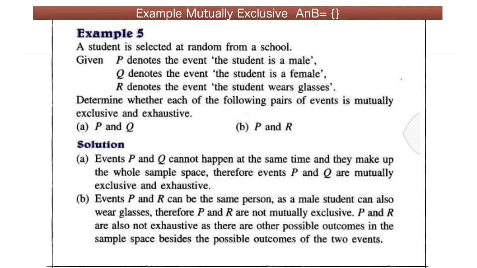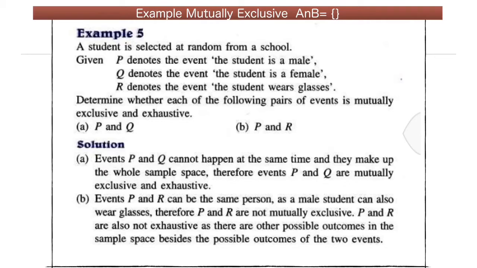So, for set P and set Q, they cannot happen at the same time, and they make up the whole sample space. Therefore, P and Q are mutually exclusive. When they cannot happen at the same time, they are mutually exclusive, and when they make up the whole sample space, it is called exhaustive.